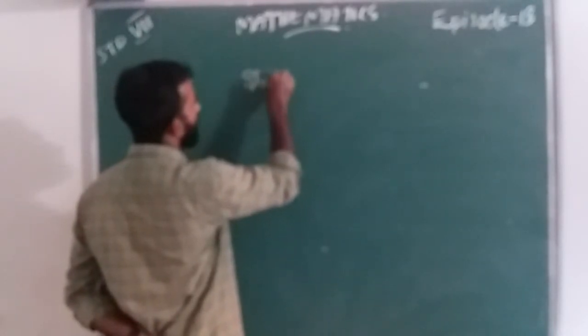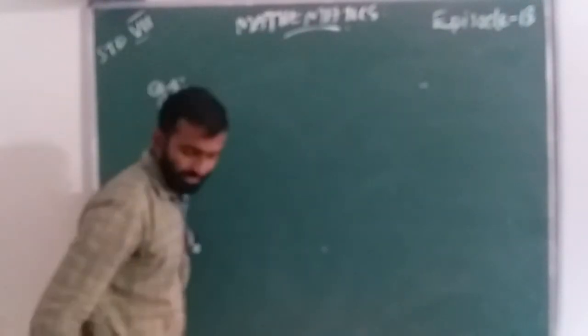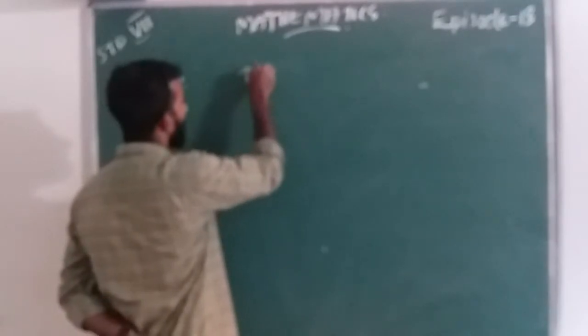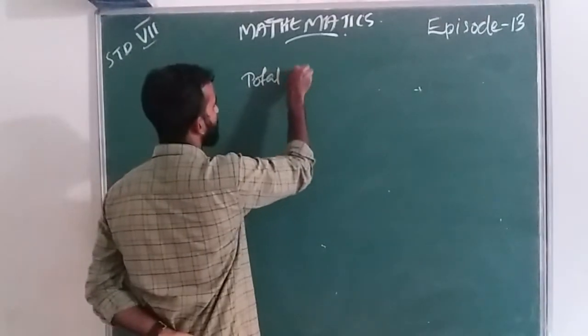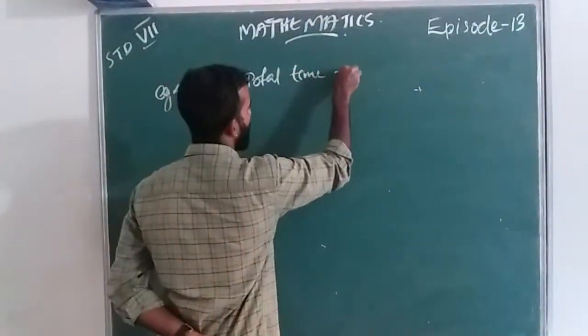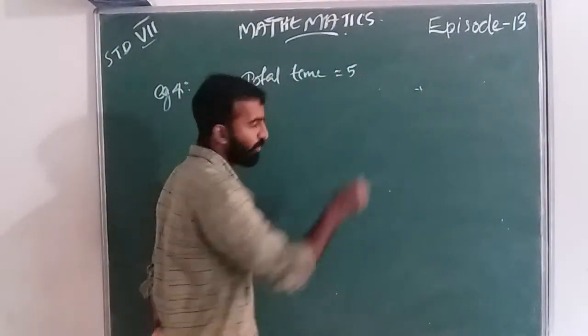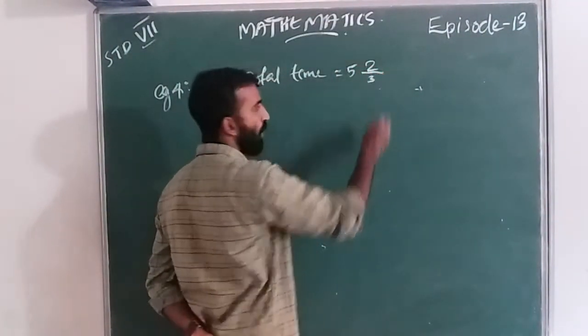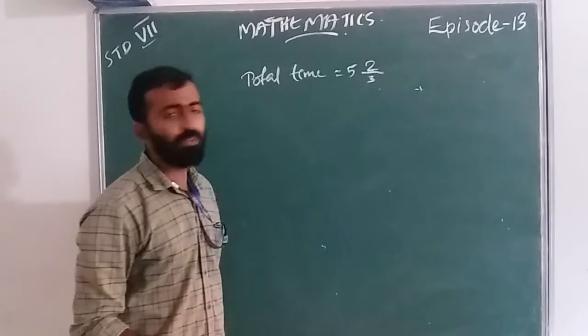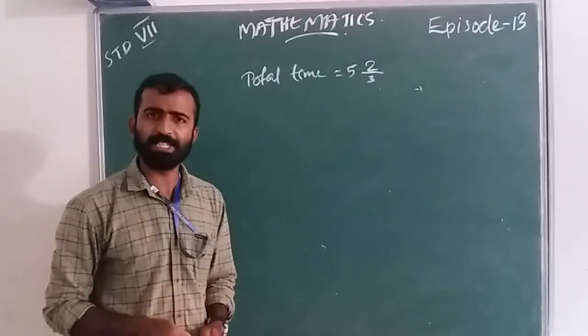Her total time of study is 5 and 2 by 3. 5 and 2 by 3 is a mixed fraction, is it?